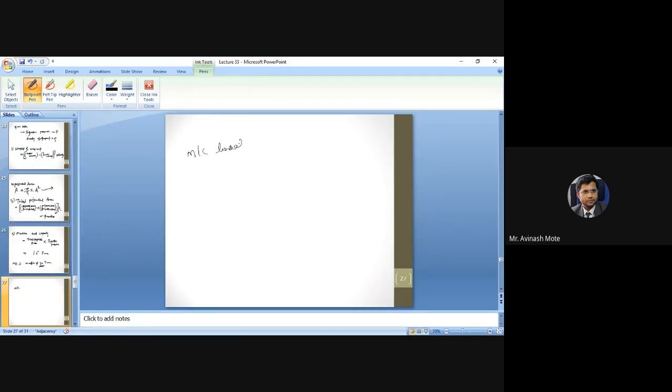Machine load equals total projected area into injection pressure. Getting it? Okay. Now you have some defined machine load, that is 30 ton.